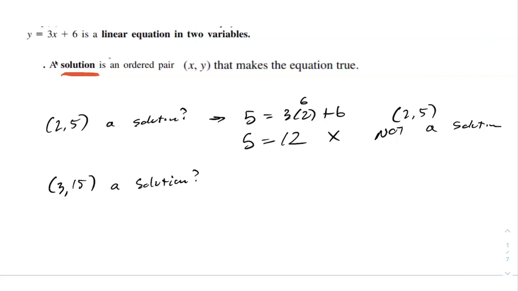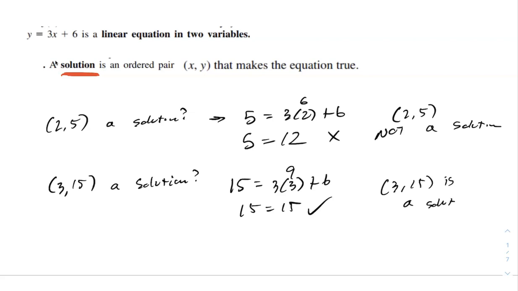I tried (3, 15), so 15 is my y: 3 times 3 plus 6, I get 9 plus 6 is 15, equals 15. So that does work, so (3, 15) is a solution to the linear equation. All that means is it's a point on the graph. If we graph this linear equation, (3, 15) will be a point on that graph. So solution and point on the graph all mean the same thing.